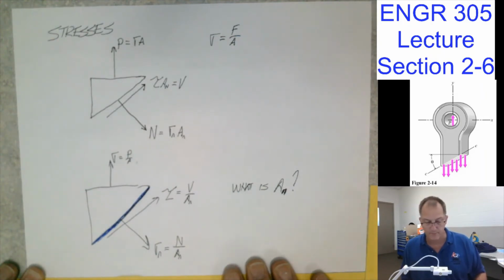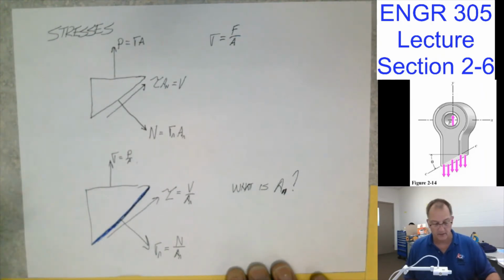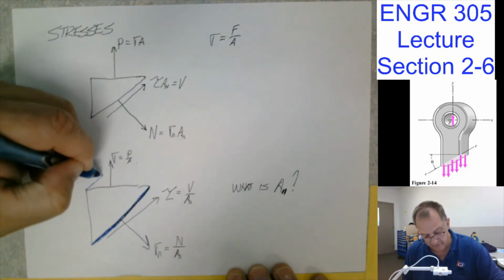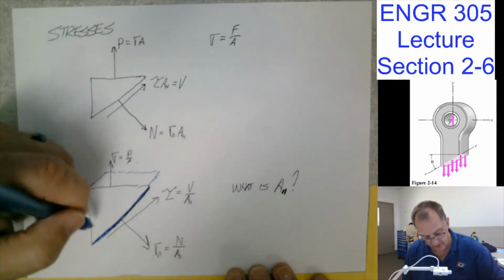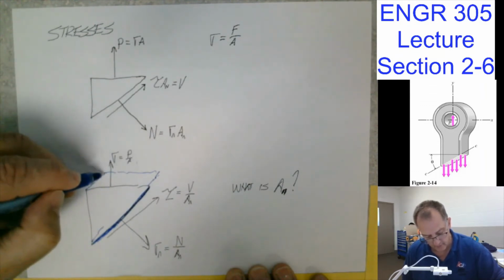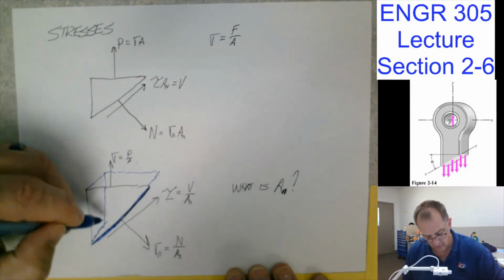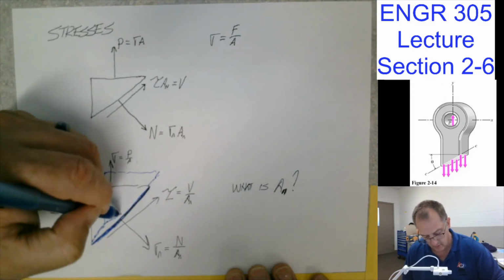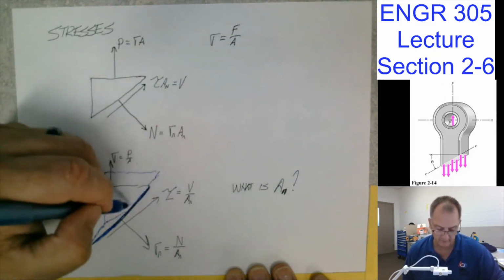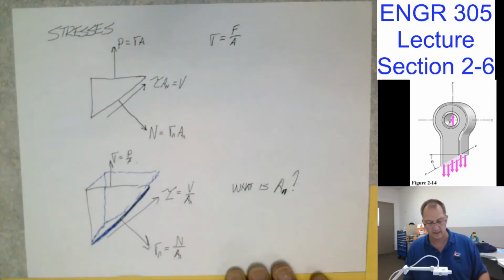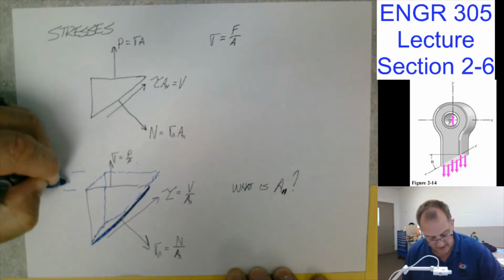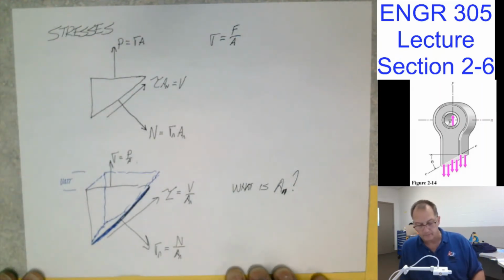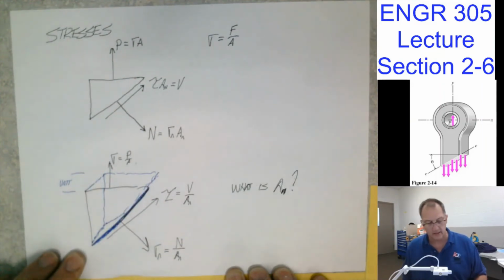So how big is that? Well, remember, this is part of some big prism. It's something like that, right? That's part of the big prism. And this is always going to be a unit depth. So what's that area?